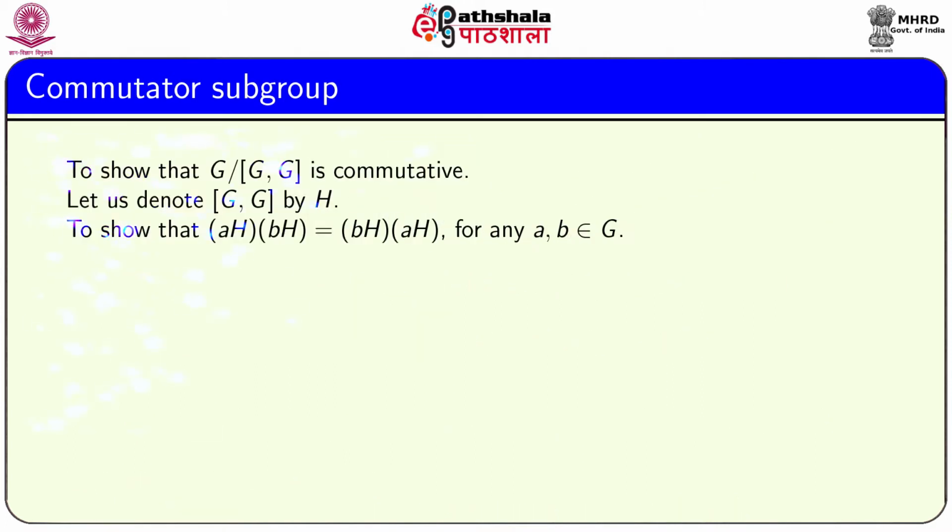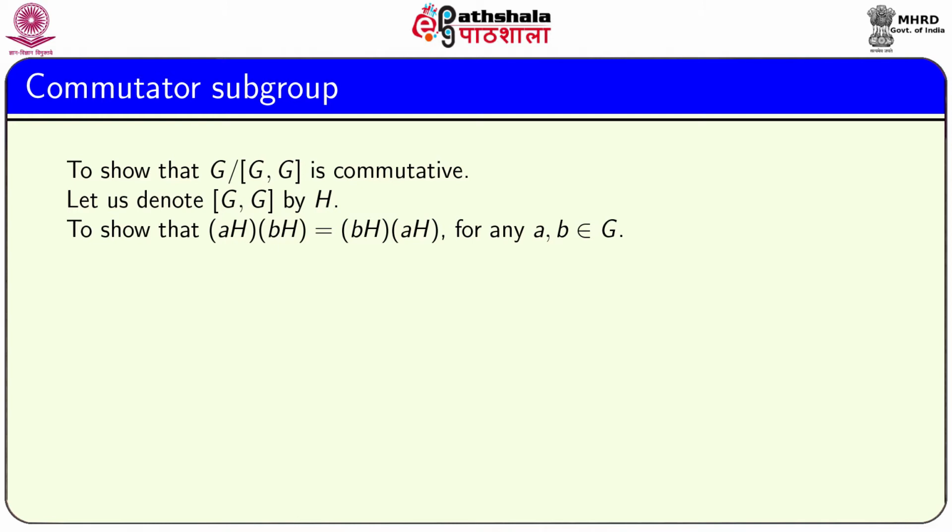Now, to show that G by [G, G], that means the quotient group formed by G by the commutator subgroup of G, is commutative, let us denote the commutator subgroup by capital H for ease of notation.